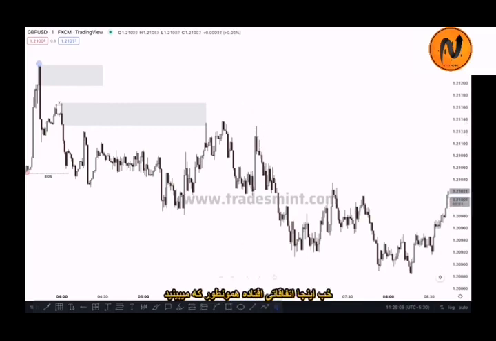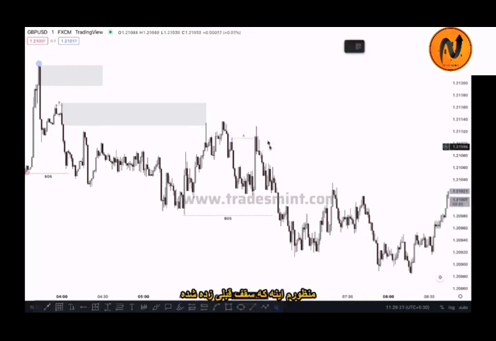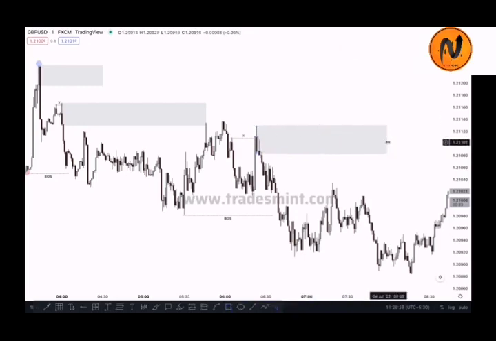As you can see here, this one is your structure break and liquidity has been taken out, I mean the previous high taken out, and this will be your next order block, I mean next IFC in another time frame.